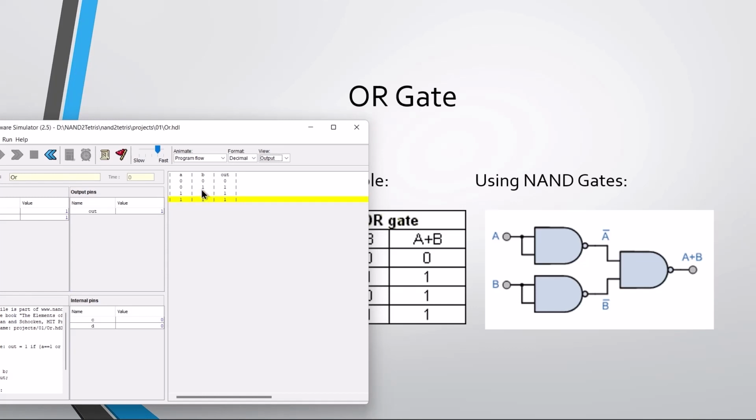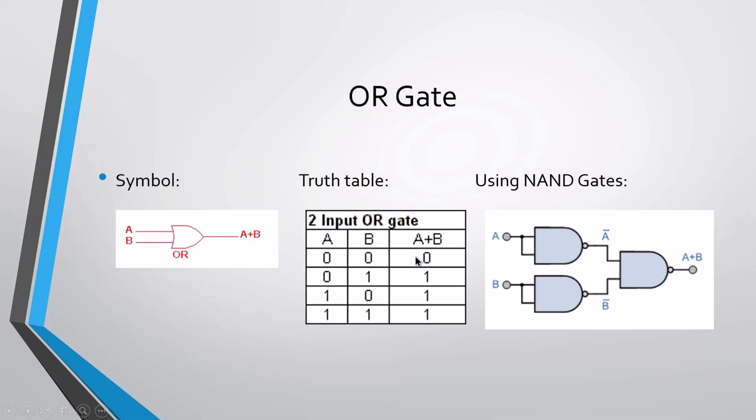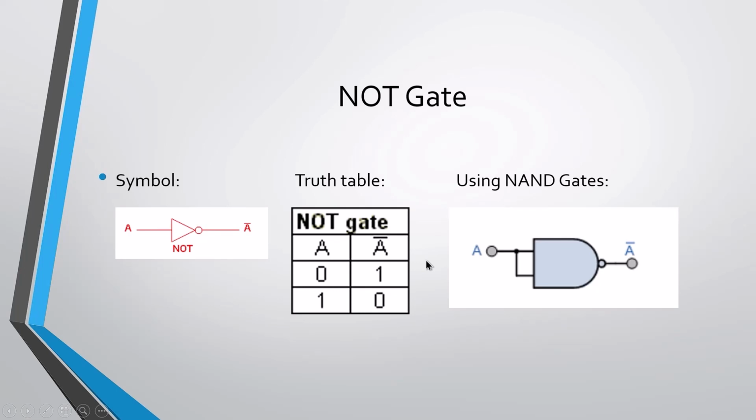The output is 1 if either one of the inputs is 1 and 0 if both are 0, which matches with our truth table. NOT gate. A logical inverter, sometimes called a NOT gate to differentiate it from other types of electronic inverter devices, has only one input. It reverses the logic state. If the input is 1, then the output is 0. If the input is 0, then the output is 1.